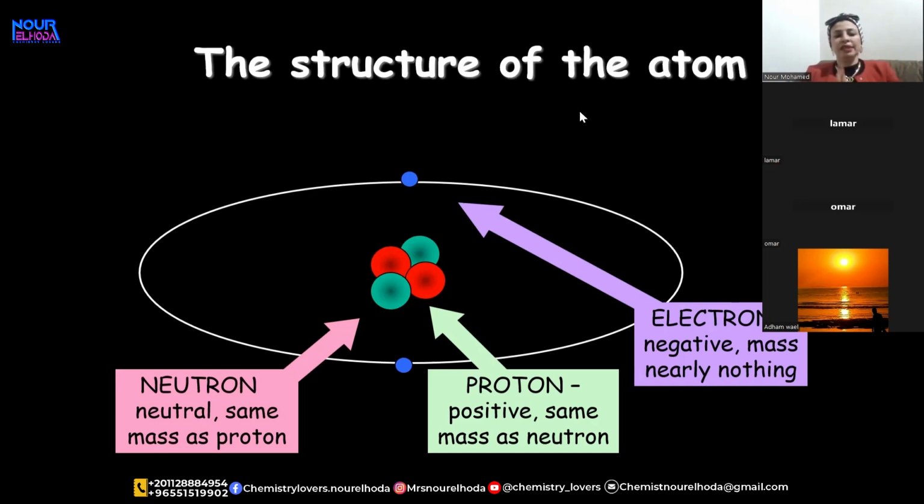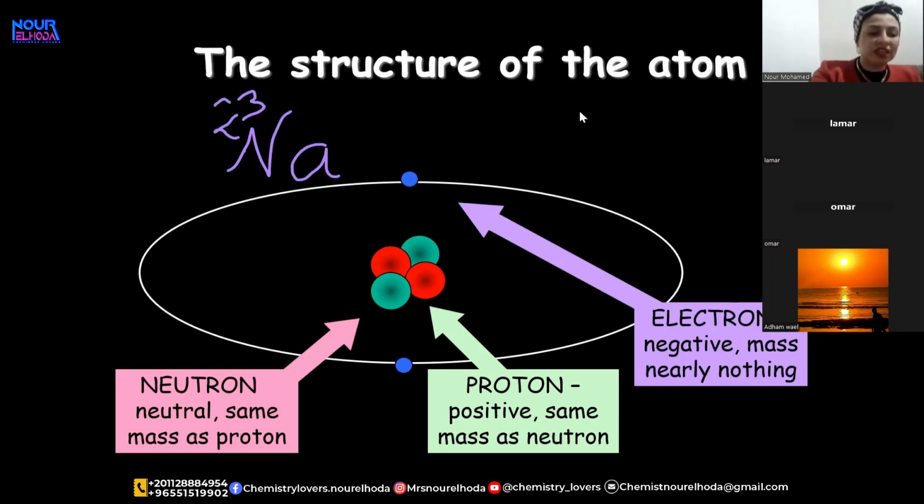Okay. Next, if I'm going to talk about how many electrons and how many protons I have, the protons and electrons are always the same. Let's say sodium has two numbers, 23 and 11.